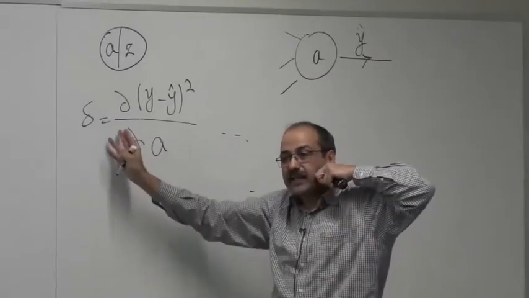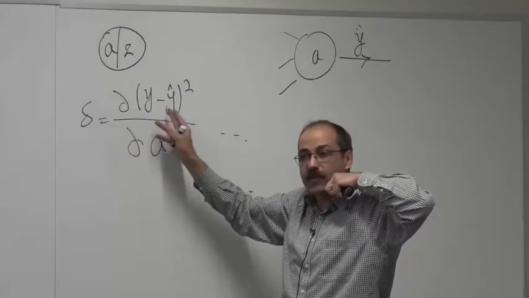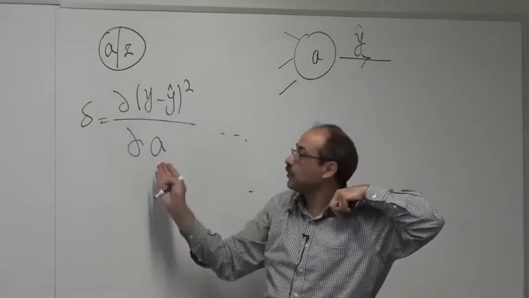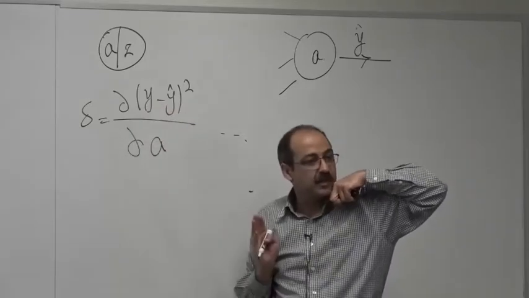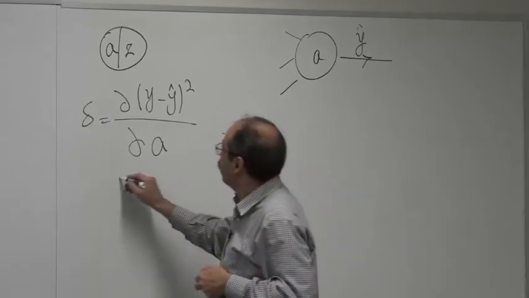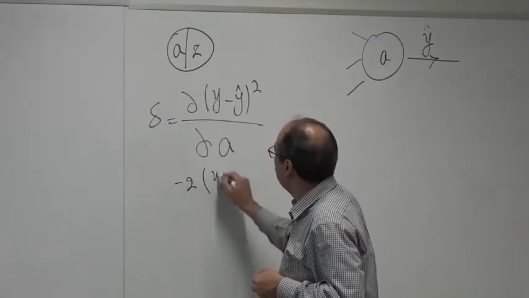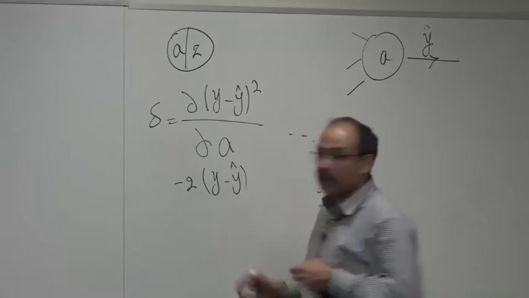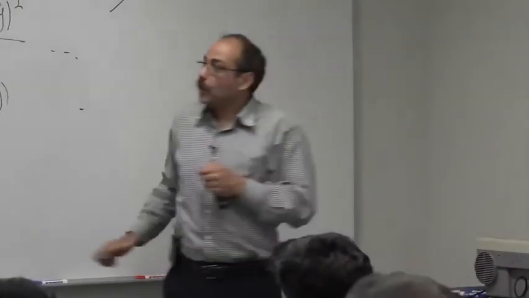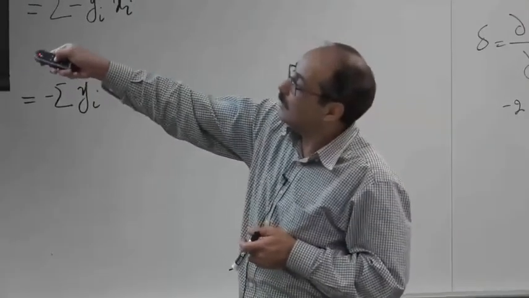So in the last layer, when I take the derivative of the cost function with respect to A, in fact, I'm taking the derivative of the cost function with respect to y hat, which is trivial to compute, right? It's just 2 minus 2 y minus y hat. That's my derivative at the last layer. So basically, at the last layer, it's trivial to compute.